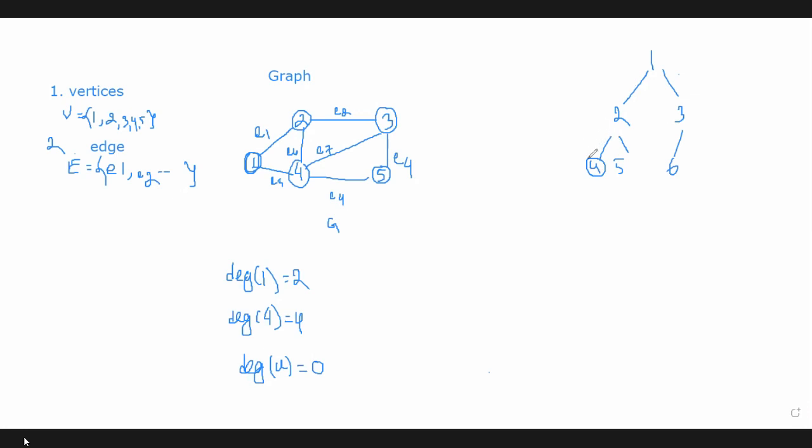That means the path length of 4 is 2. But what about the path sequence? Path sequence is from the starting node to the end node. How many nodes are here? 1, 2, 4. This is the path sequence for 4, although its path length is 2. So now, in a graph, how can you find out the path length?